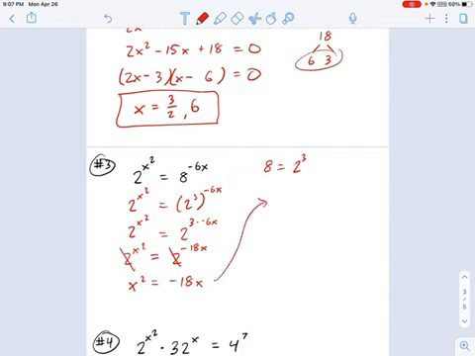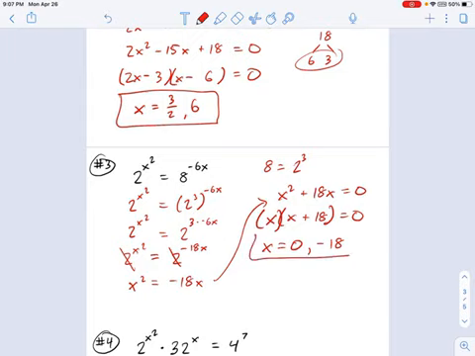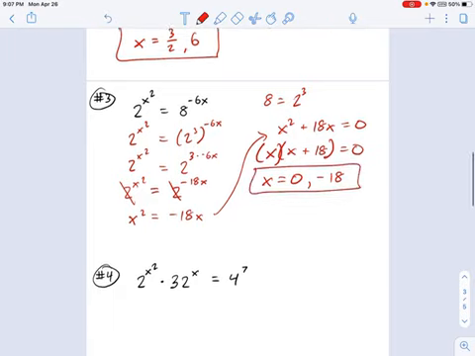What that means is if you bring everything to one side, you have x squared plus 18x equals 0. I'm going to pull out a greatest common factor of x. And now I have two parentheses, okay? I have x equals 0 as one of my solutions, and x equals negative 18 as another solution. Okay, so that one's done.